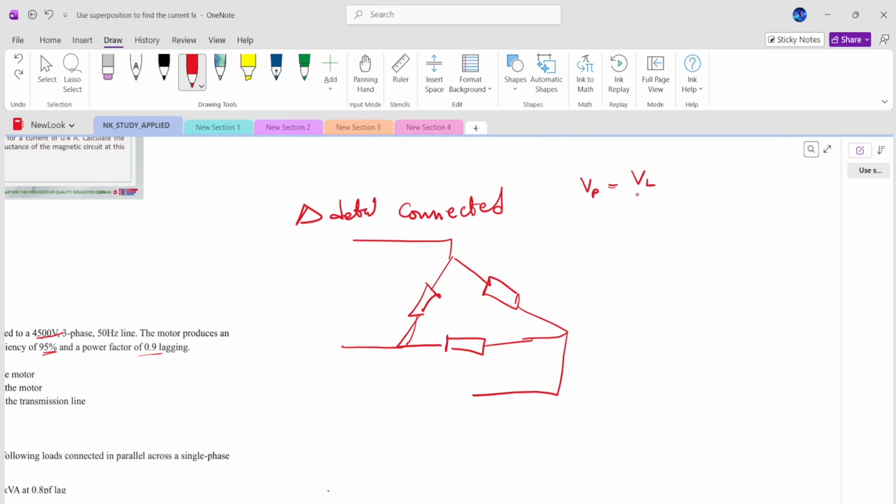for delta, we have our phase voltage equal to our line voltage, our phase current equal to our line current over root 3, and the same S is equal to VL IL, right? These are the formulas you should note.